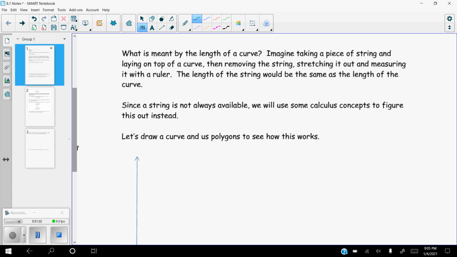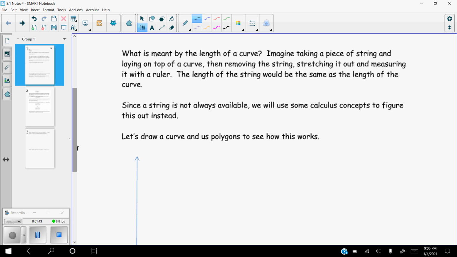You'd have to be able to bend the ruler. And there might be those out there, but in this case, I think it's easier to understand. Again, if we take a string and put it on top of a curve, and then stretch the string out, you can measure that straight length with a ruler. That's what's meant by the length of a curve: how long that curve would be if it was stretched out.